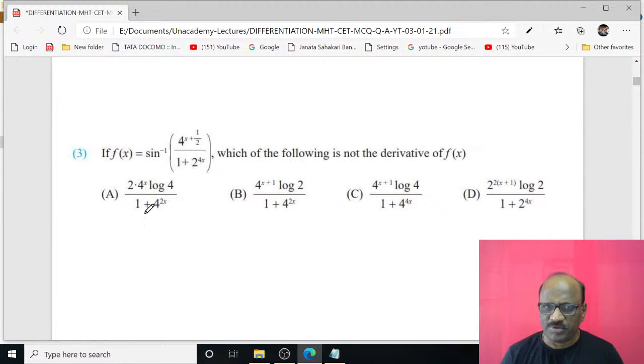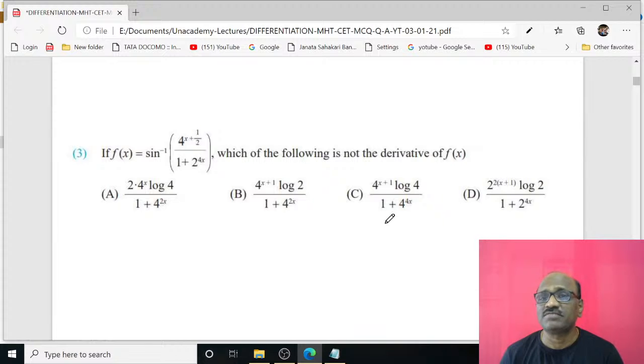And here the denominator is 1 plus 4 raised to 2x. Here is a denominator 1 plus 4 raised to 2x. But this one is a different one. All these three, that is A, B and D, have the same denominator. Then which one is different?